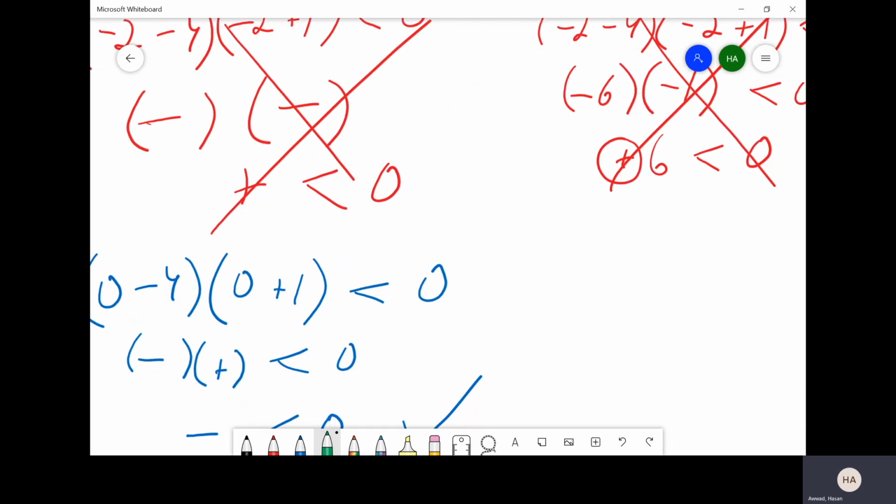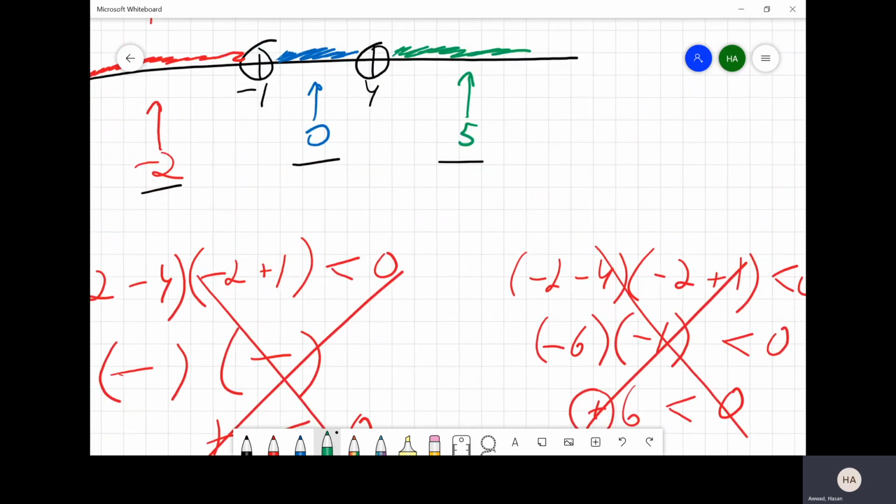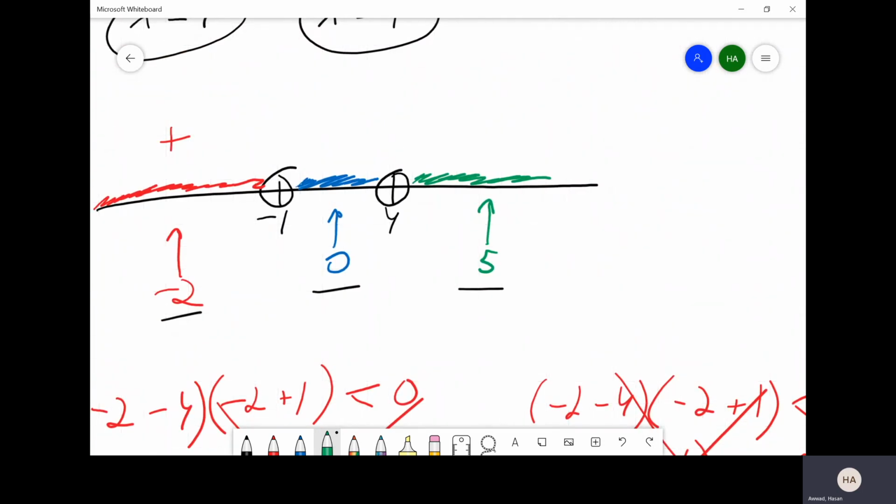So now what we can properly say is that the answer here that we're looking for is simply between -1 and 4, not including those numbers. Because again, we got a negative here and positive here.